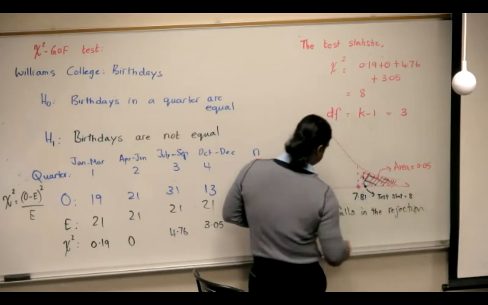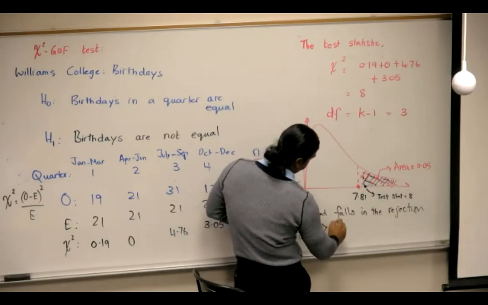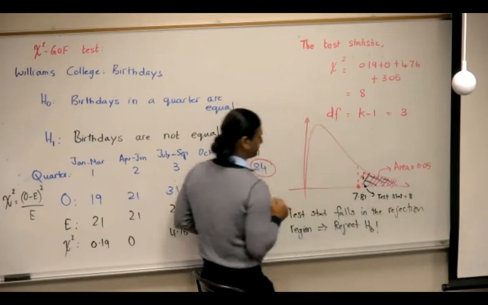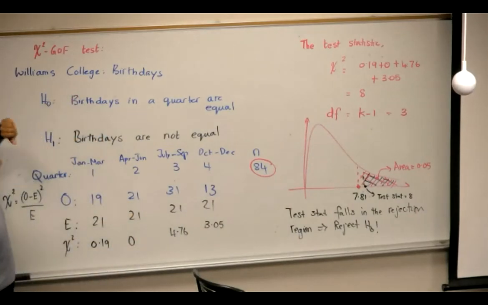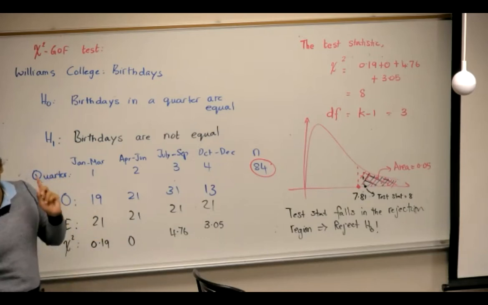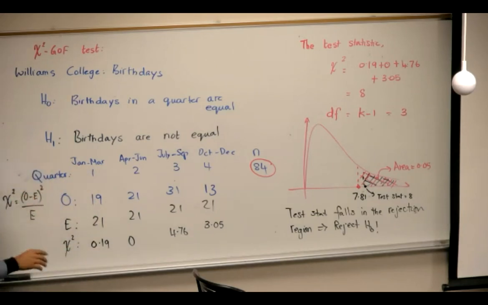So the test statistic falls in the rejection region, which would mean we reject the null. If we reject the null, the birthdays are not equal across the 4 quarters. Now, in the problem, what was the claim? We did find evidence that they're not equal, yes?